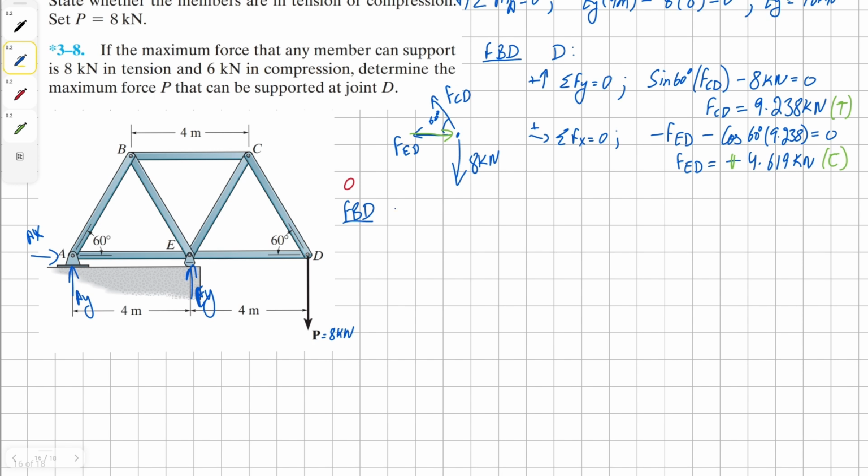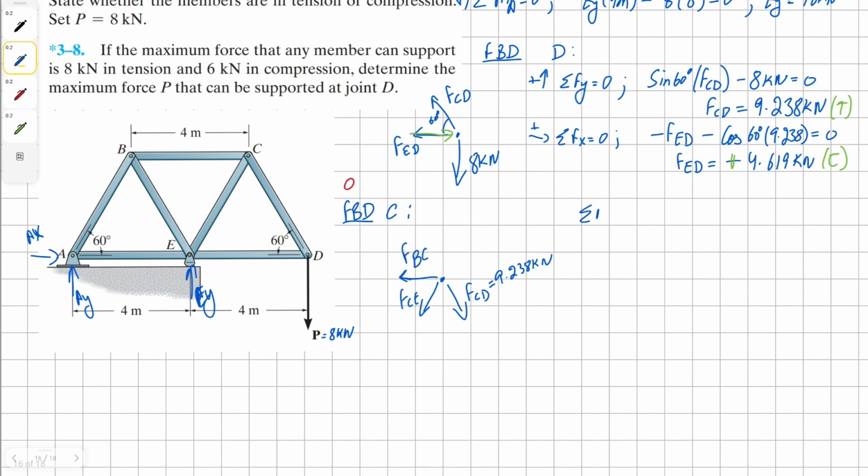Now we can move on to joint C. At joint C, we just found the member force for CD, which is 9.238 kilonewtons. Then we have the unknown force in member CE, and another unknown in member BC.